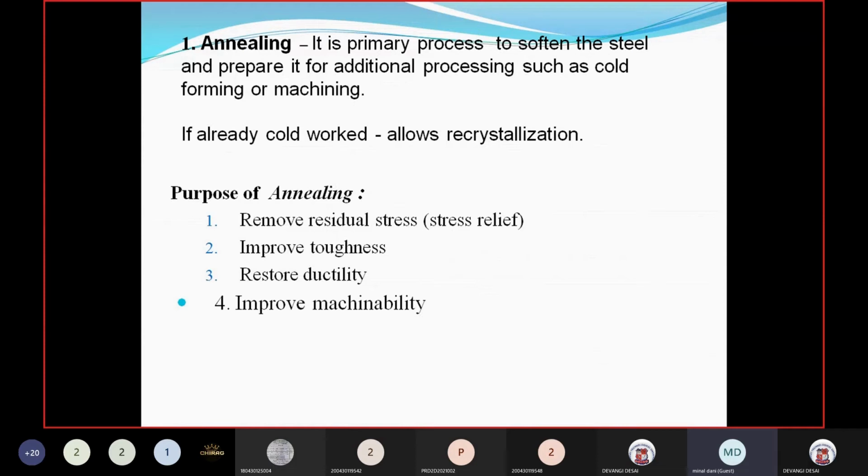Suppose it is a casting, you have to make your steel as per the drawing. तो उसके लिए आपको मशीनिंग करना पड़ेगा. तो आप स्ट्रेस रिलीव नहीं करोगे तो it will break, it will crack. So this is the main advantage of annealing treatment. It will relieve the internal stresses which are developed during the manufacturing process. It can improve the machinability, it can restore ductility.